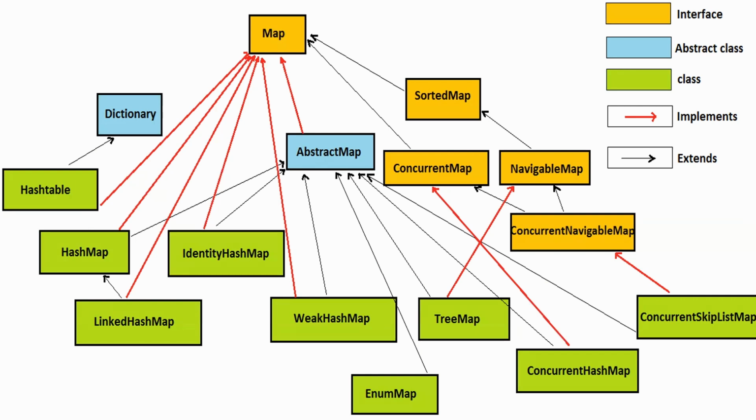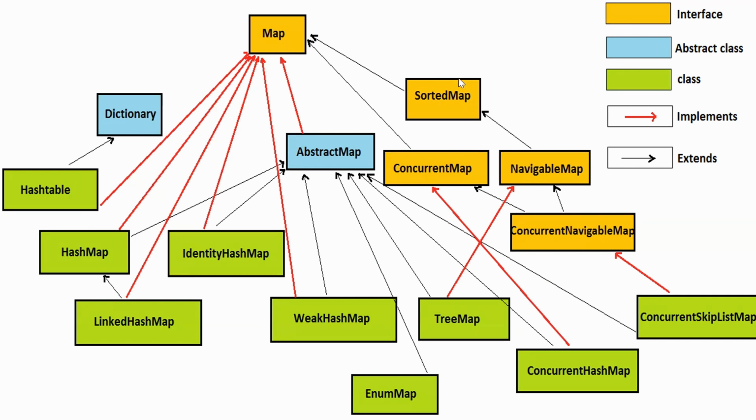Whatever you are seeing in blue color, those are abstract classes. Green colors are main, normal classes. Then the red color lines are implements signs, showing that a class is implementing an interface. Then the normal black colored line is extends, like one class extends another class. So these are the ways of showing the inheritance properties between various categories of map.